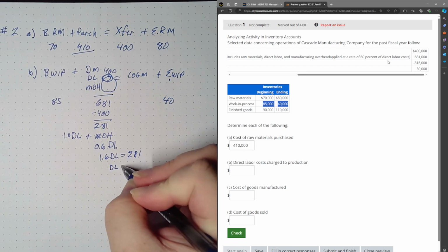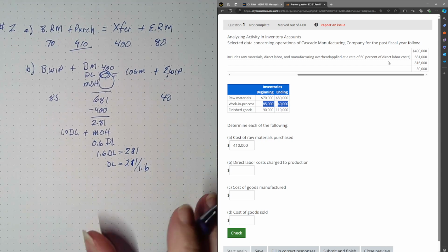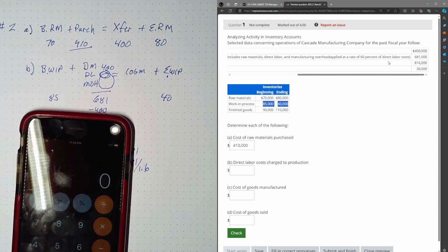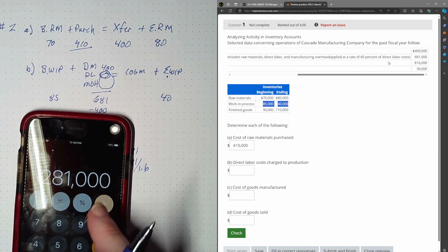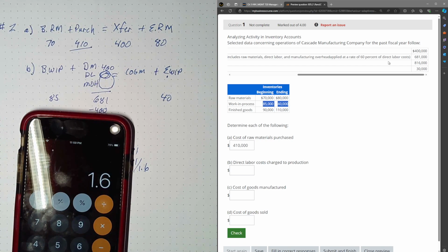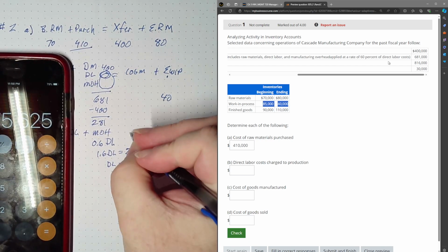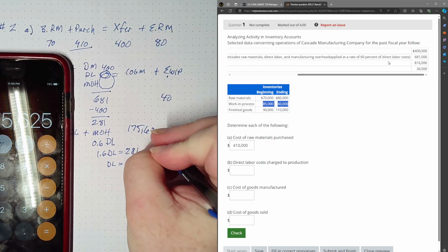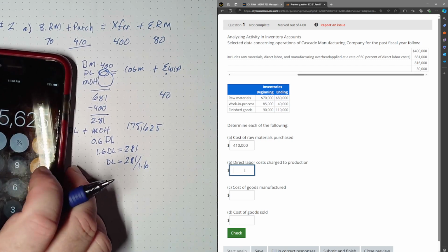So direct labor should be 281 divided by 1.6. So let's figure that out. 281,000 divided by 1.6 equals, well, kind of an odd number, 175,625, but at least it's a whole number. So we would go up here and we would say, oh, you didn't quite see all of that.